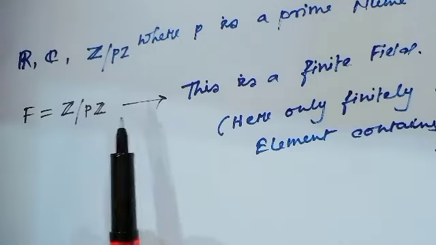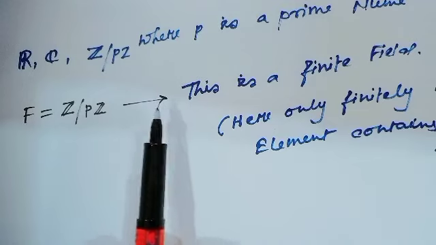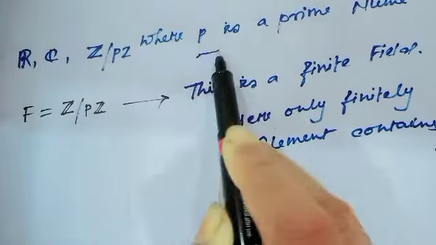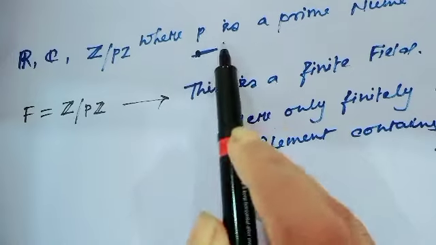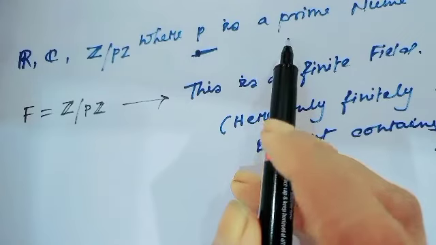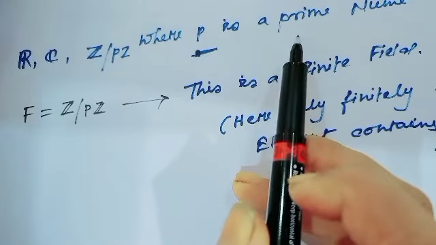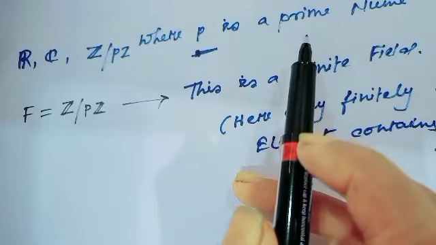Similarly, real numbers, complex numbers and Z mod pZ, when p is a prime number, are fields, otherwise not. Let's check this ourselves. When p is a composite number, then this is not a field.